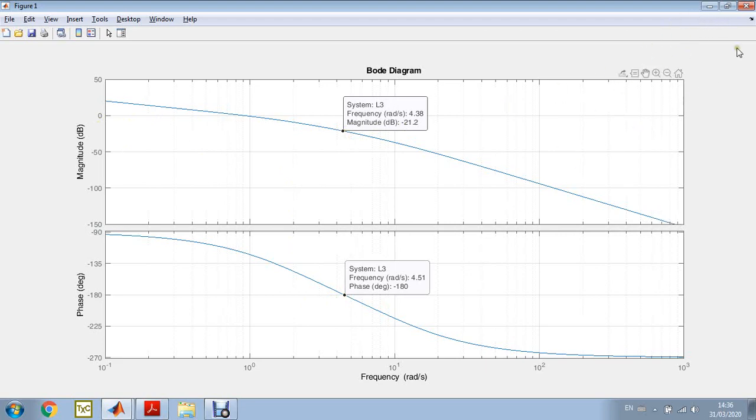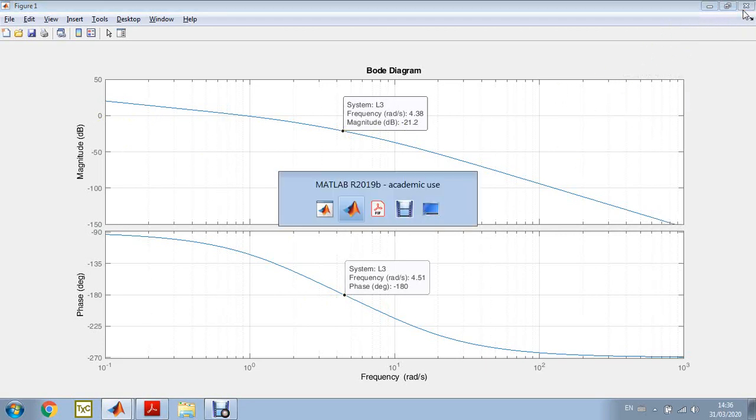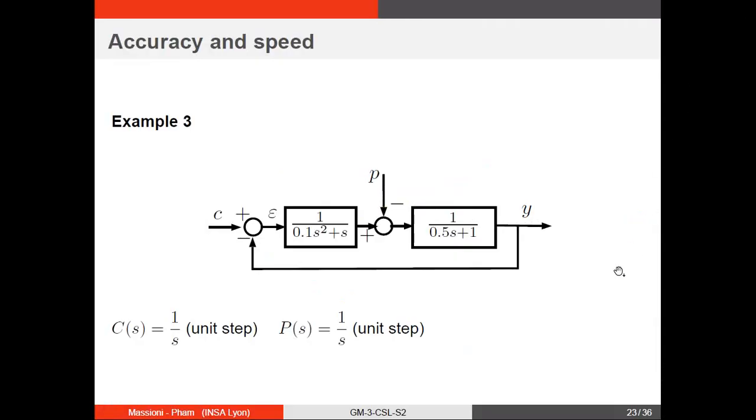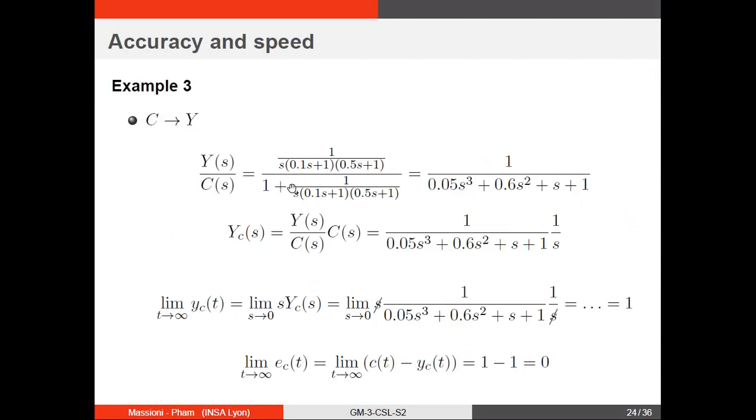Now, reassured by this, we can continue the exercise and compute the transfer function from C to Y and from P to Y. So from C to Y again, this time I'll not describe the details. You can just stop the video or take the PDF of the slide and read it.